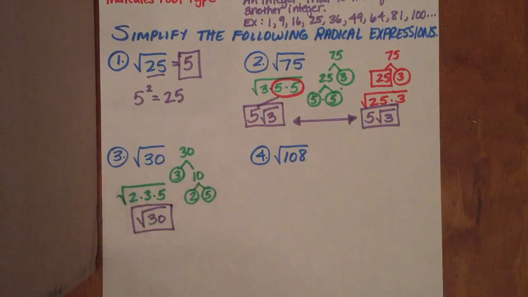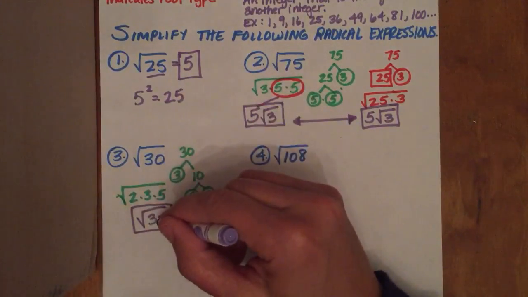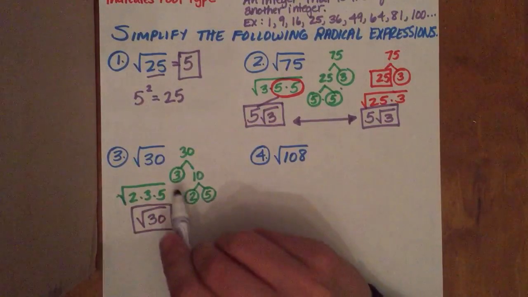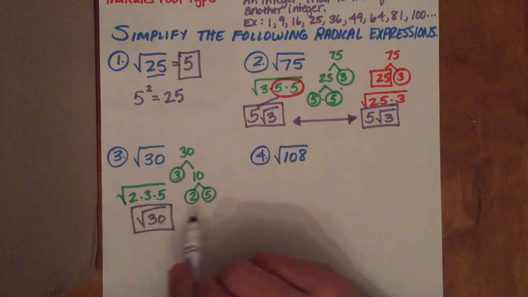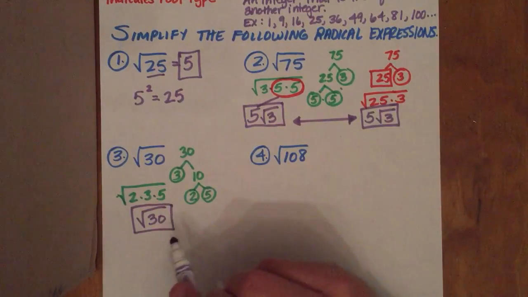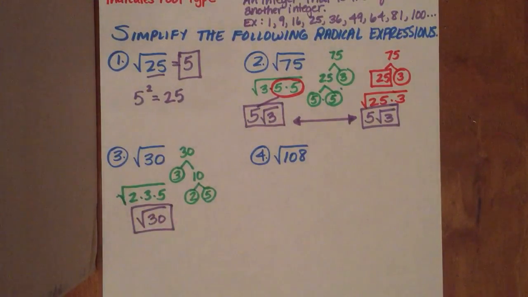We cannot simplify this any further because there are no perfect squares within those factors. That's as far as we can go. And so you'll have some of these where you can break them down into all the prime factors, but there's no pairings and no perfect squares in the factors. So we're already in the simplest form.